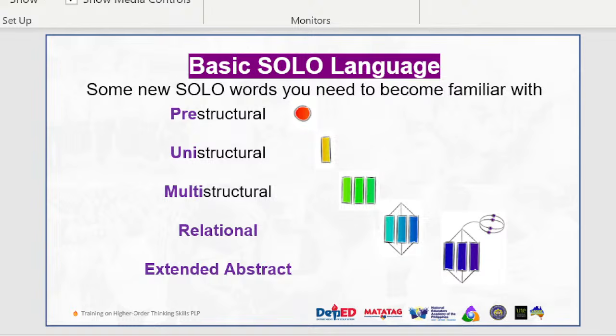So for pre-structural, let's discuss this at the level of the teacher. A new teacher does not know anyone's name at the first day of classes. We are about to start our class.